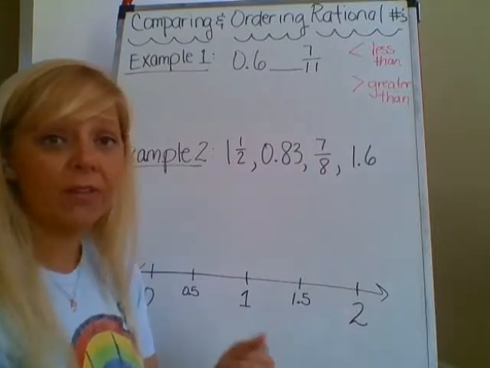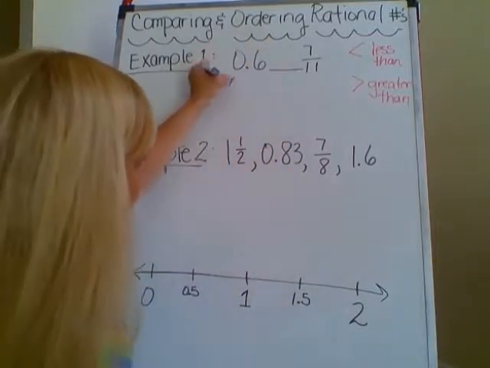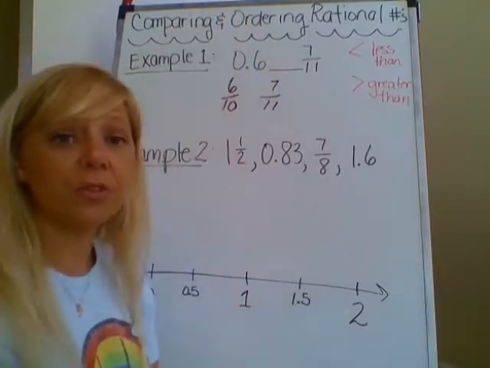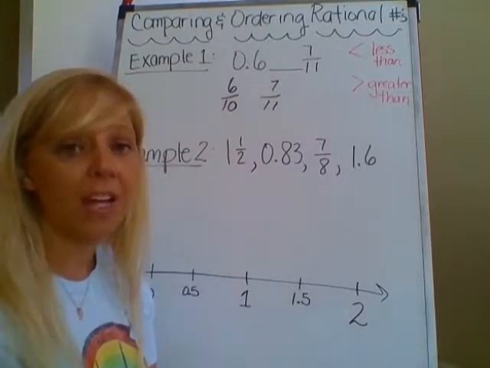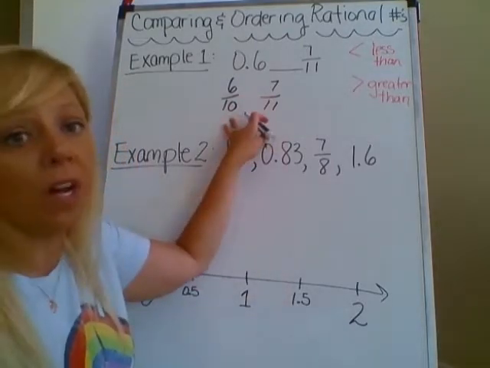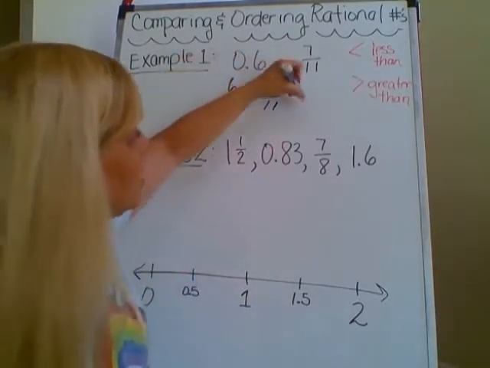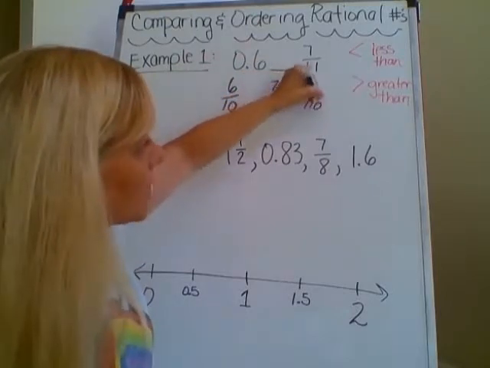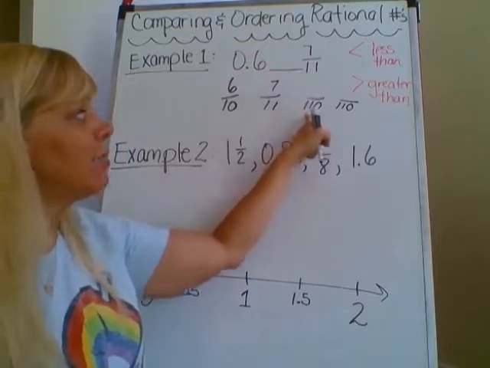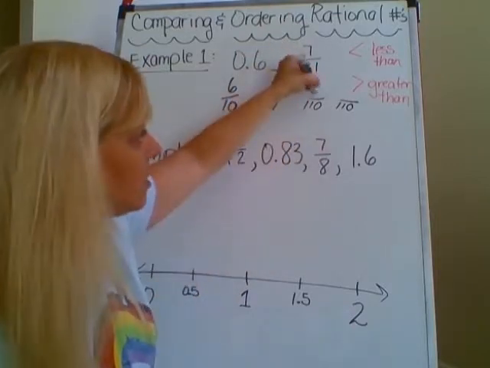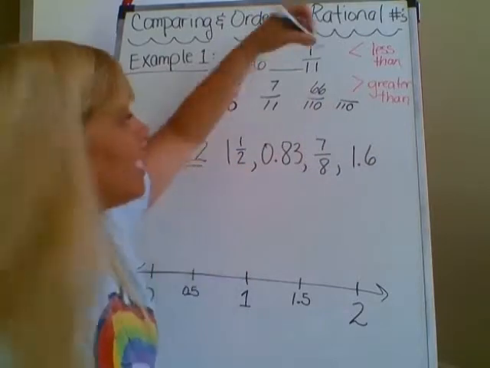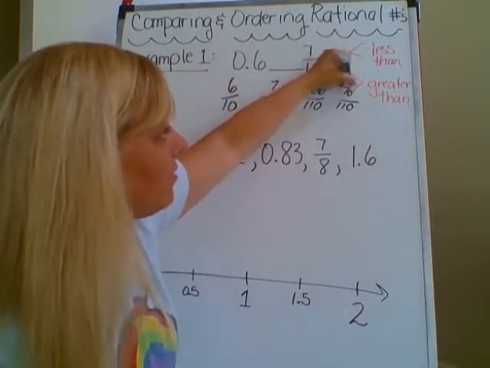So very quickly, if I wanted to change 6/10 and 7/11 and compare, these are very close fractions. So I would have to change both of these to 110. So if I go over here and make them both 110, 10 goes in 110 11 times, so that's 66. 11 goes in 110 10 times, so that would be 70.